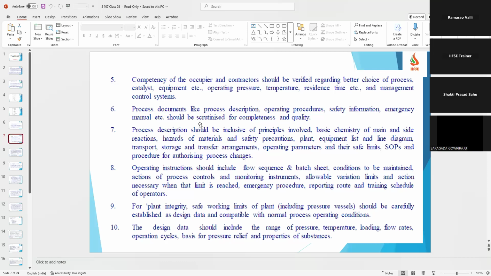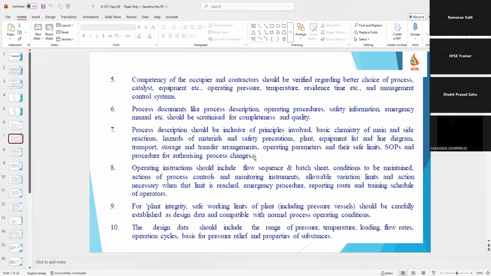Okay, and also process documents, process descriptions, or operating procedures for the various kinds of operations. For example, production, quality, R&D, maintenance procedures. Okay, all the things have to be verified. The process description should be inclusive of principles involved, the basic chemistry of main and also side reactions, hazards of materials, and safety precautions, plant equipment list, and also line diagram, transport, storage, and transfer arrangements, operating parameters, and their safe limits.